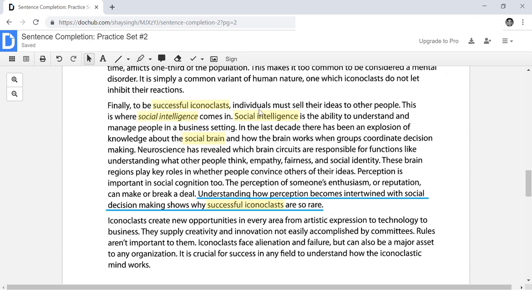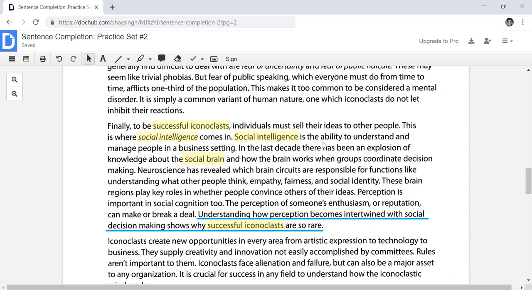Okay, now let's go ahead and read this sentence. Let's start reading from here, since this is the sentence in which we have social intelligence, and then we might choose to read the next one depending on whether or not we find our answer. So here we go. This is where social intelligence comes in. Social intelligence is the ability to understand and manage people in a business setting.